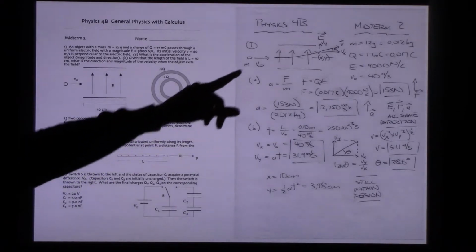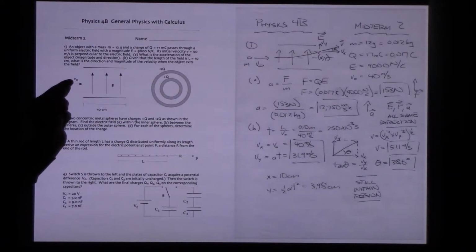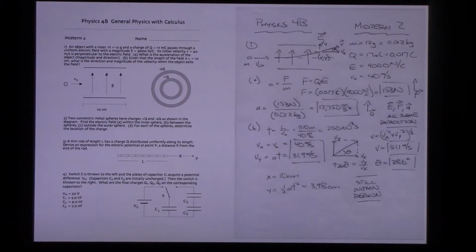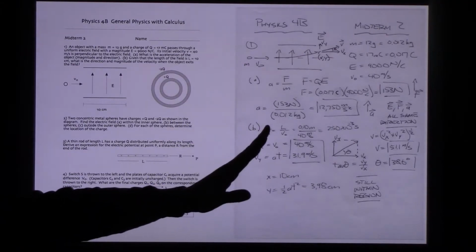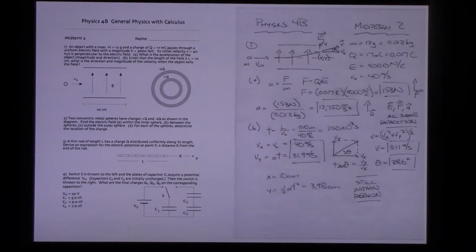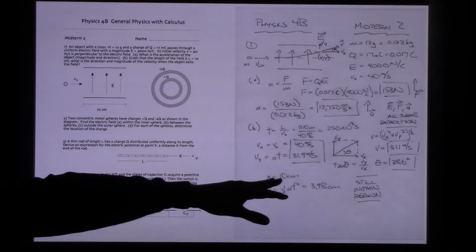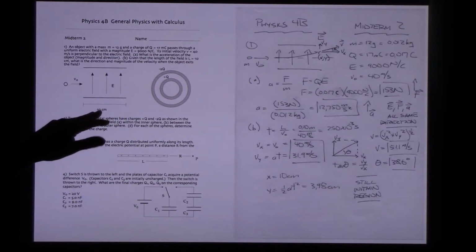So I picked the point where it enters the electric field as being the 0, 0 point, x equals 0, y equals 0. And by the time it has crossed through to the other side, it's gone 10 centimeters, right? So that's a built-in number that we were already given.